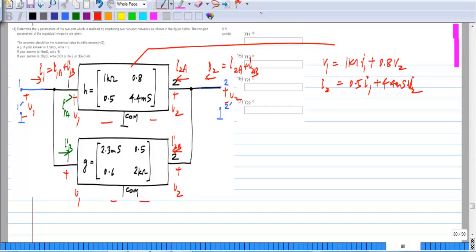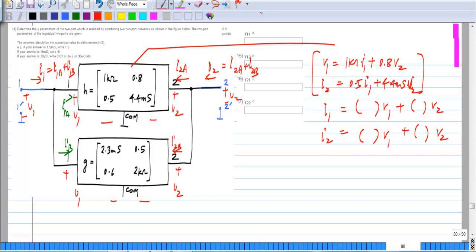So you have to rearrange these equations such that we will have I1 and I2 on the left hand side, and on the right hand side we have only something times V1 plus something else times V2. Similarly for both equations. So I won't show the steps of doing this. The calculation is straightforward. You can go ahead and do that. I'll just show you the answers.